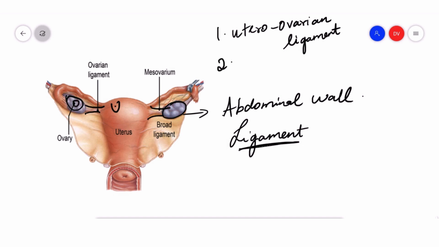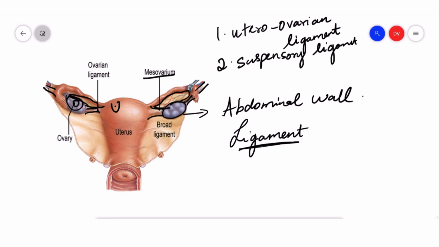What is the next ligament, guys? Can you see some space here? That is nothing but the abdominal wall, which is attached to the reproductive system. That we call the mesovarium. And on this side, you have this ligament, which is known as the suspensory ligament.